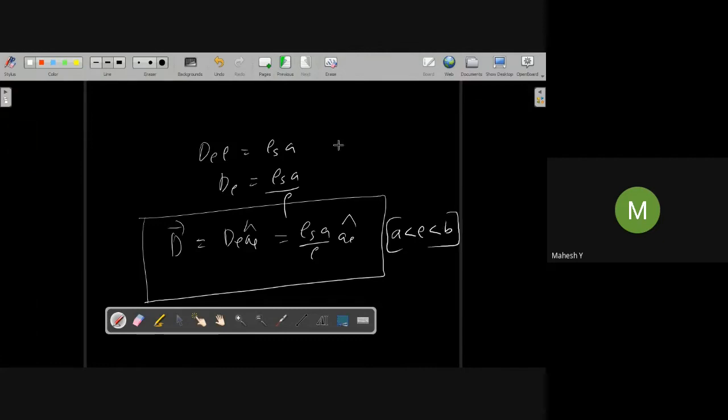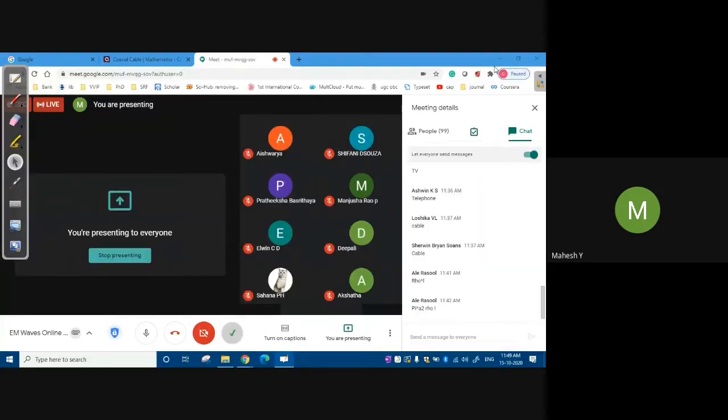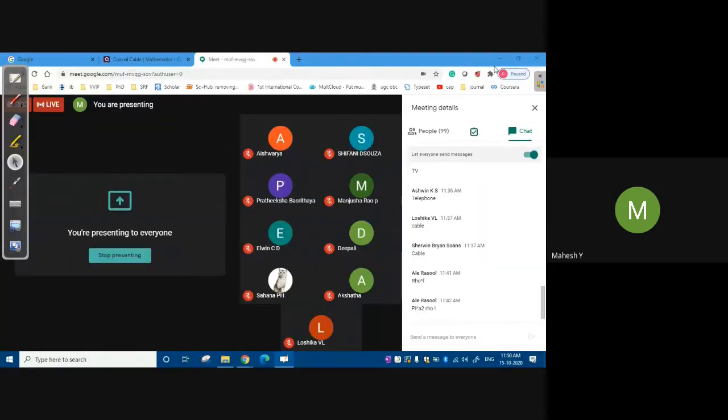Is this clear? If you have any doubt, please ask here, because this is a very important derivation, normally asked in exams. I am waiting for you to ask if you have any doubt.